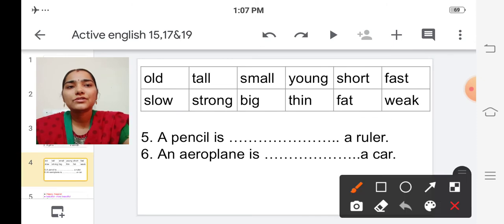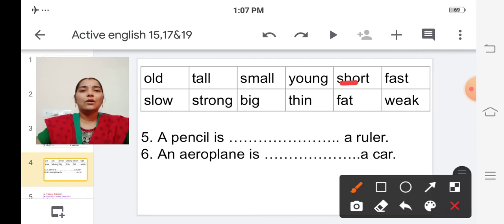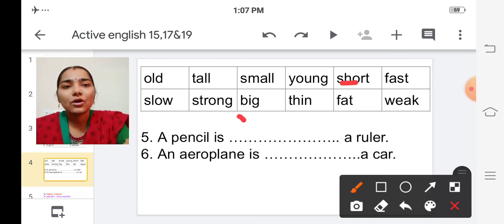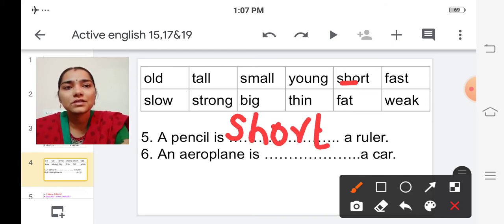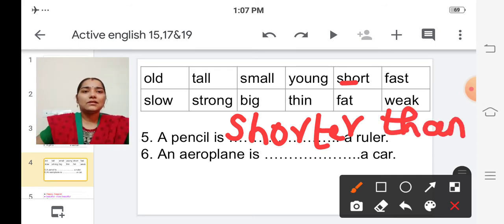Use this word short. So a pencil is shorter, S-H-O-R-T-E-R, shorter than. A pencil is shorter than a ruler.